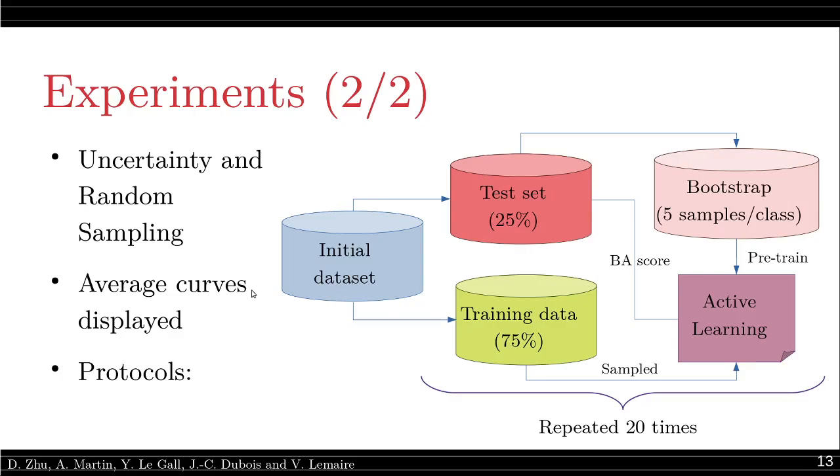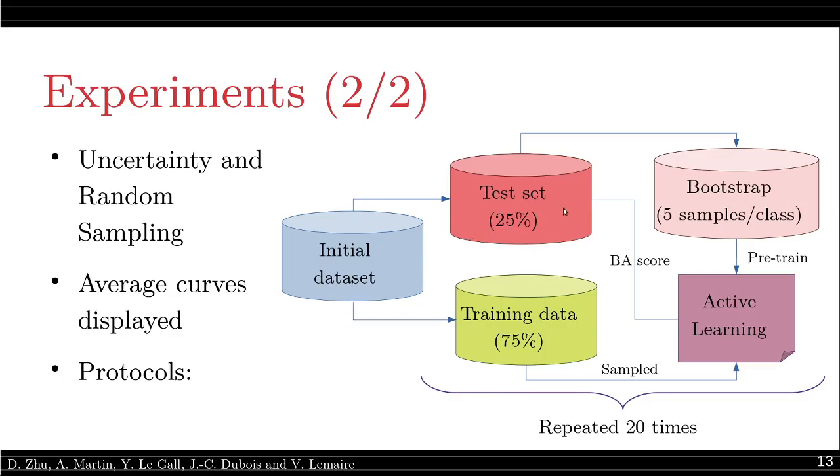The performances will be seen through the learning curves of balanced accuracy, and the protocol of splitting the dataset is given here. We have the initial dataset here, which will be split into a test set and a training dataset.